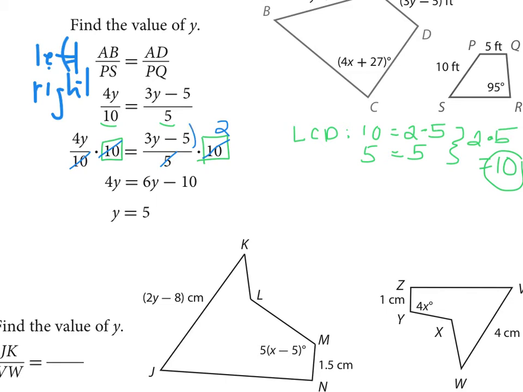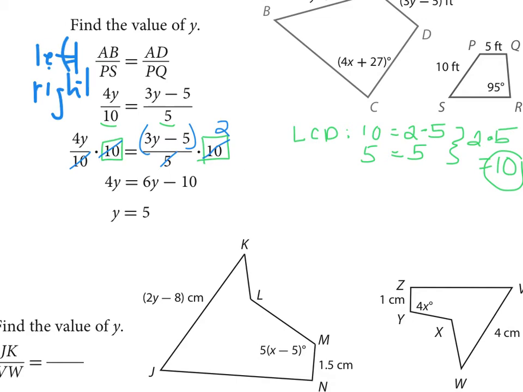A reminder that that 2 is times the entire quantity that's left in the numerator, so make sure you put parentheses around that. And then we're going to simplify the algebra, and we get 4y equals, distributing the 2, 6y minus 10, and solving, we get that y equals 5.